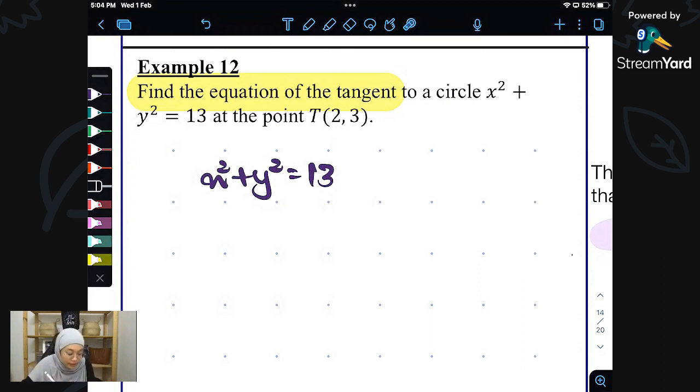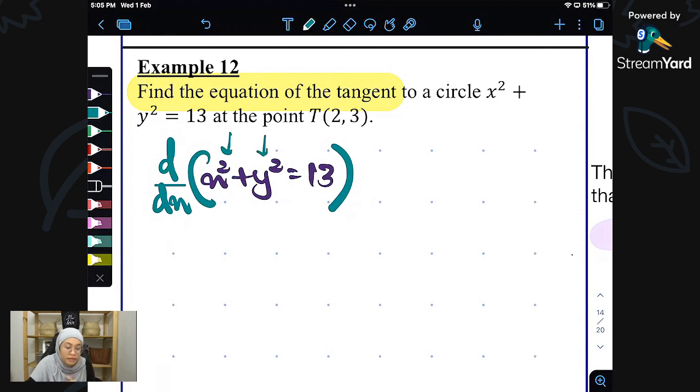They will give it to us. So now our job, using method 3, is to differentiate every term here. We are going to differentiate x squared, differentiate y squared, and then differentiate 13, with respect to x. Everything is differentiated with respect to x. Now let me show you how we do that.